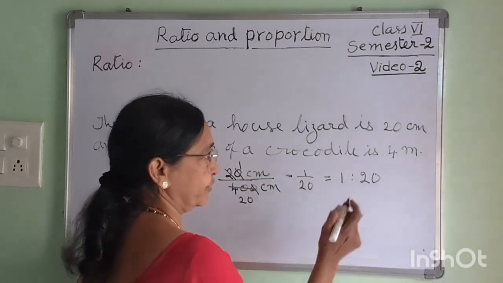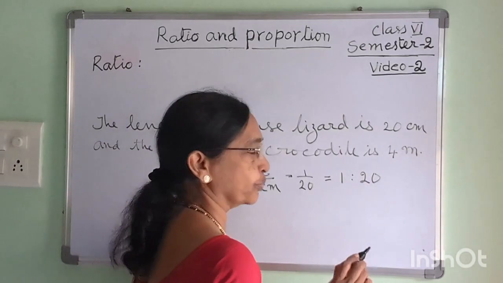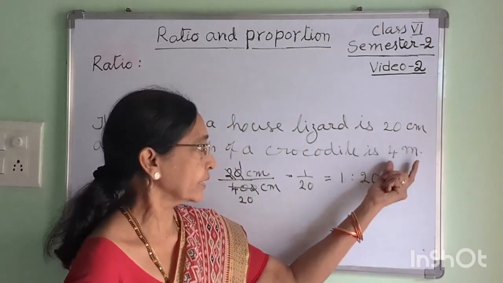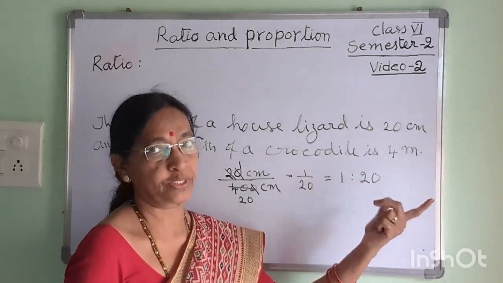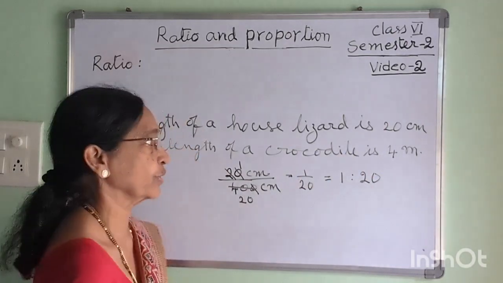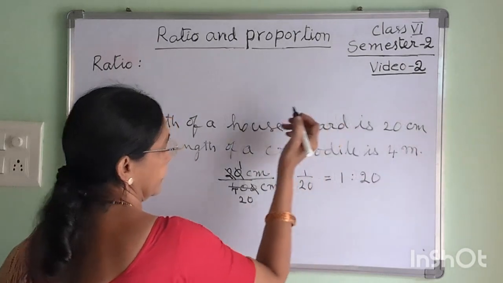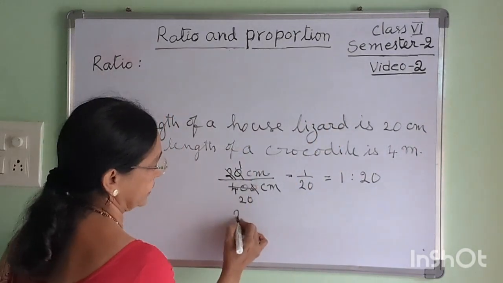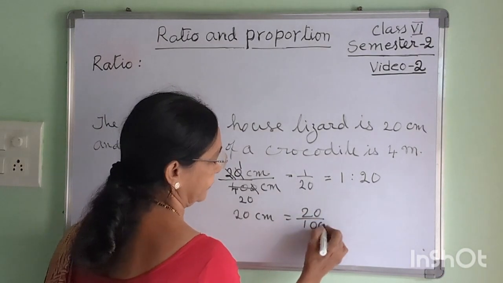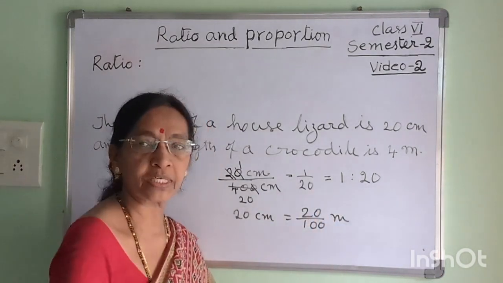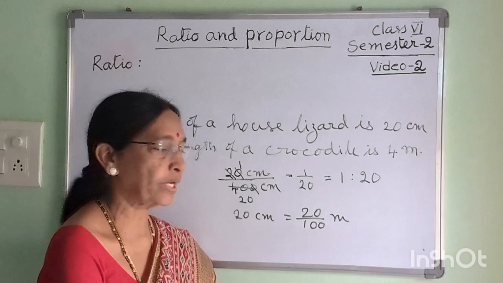Or otherwise, if we convert 20 centimeters into meters and take the crocodile's size also in meters, we get the same ratio. Let us see. 20 centimeters is equal to 20 by 100 meters. To convert centimeters into meters, we have to divide by 100.